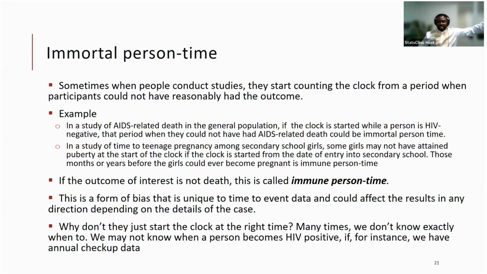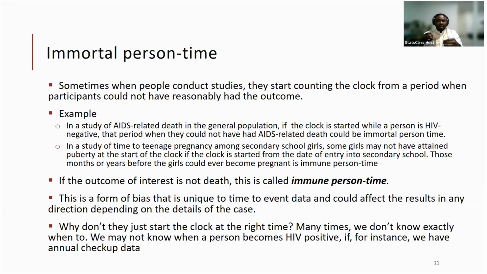The intervention you're interested in will work through preventing HIV infection in the first place. In that case, you might not know exactly when they became HIV infected. Even the patient might not know themselves, right? In that case, you're going to start counting the clock at a time when you have information for. But that time might not be correct.